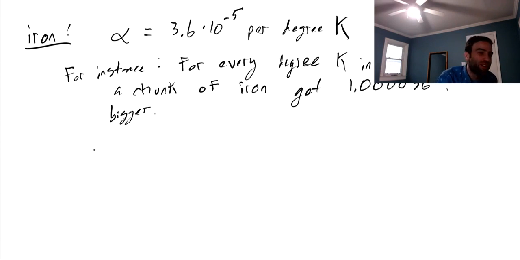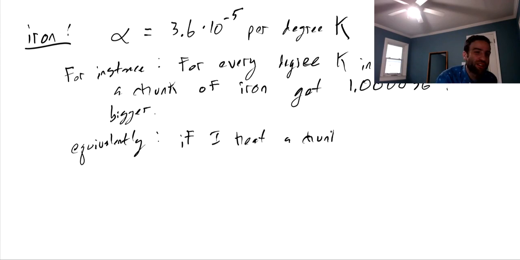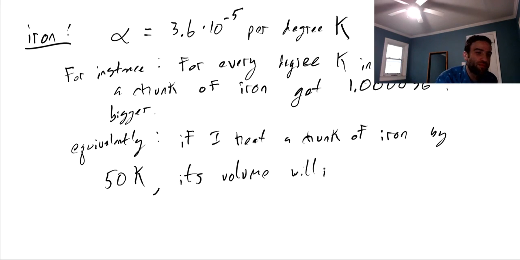And so equivalently, if I heat a chunk of iron by 50 Kelvin, its volume will increase by about 0.2%. By 0.18%.